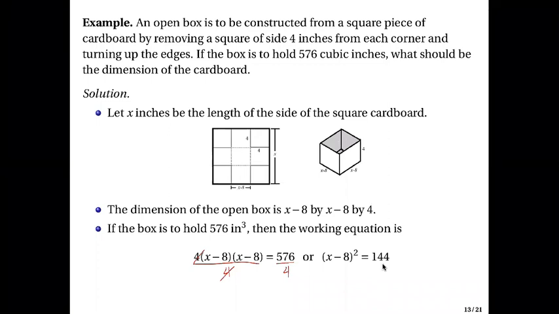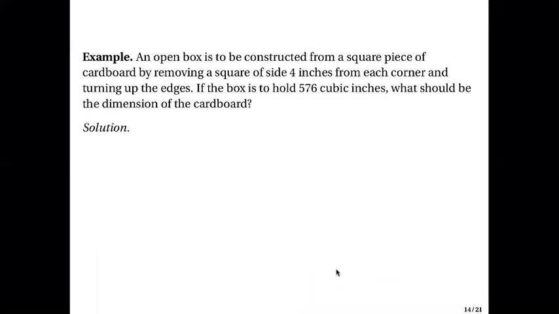And then you have a perfect square here. All you need to do to solve this, get the square root, and you solve for x. So again, in the previous slide, we had x minus 8 squared equal to 144.